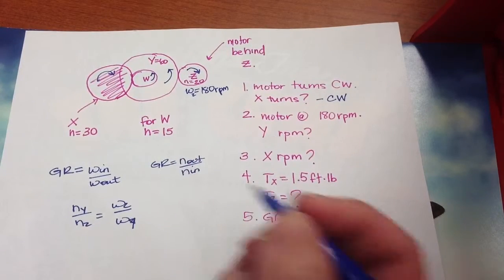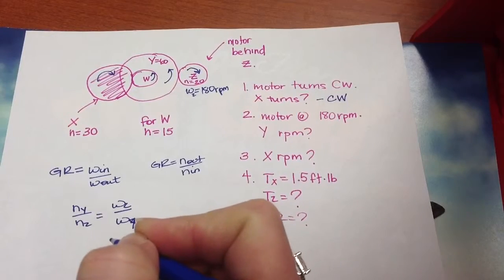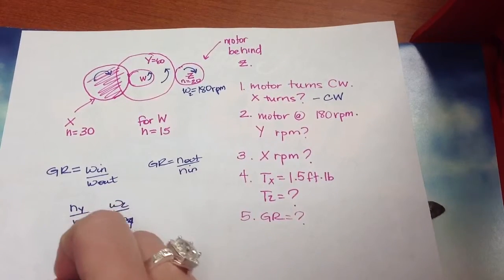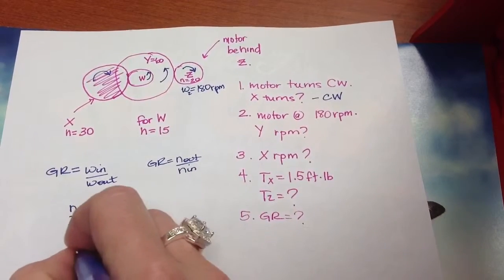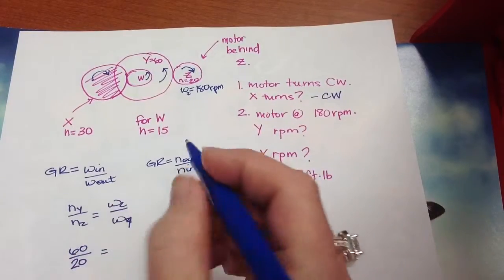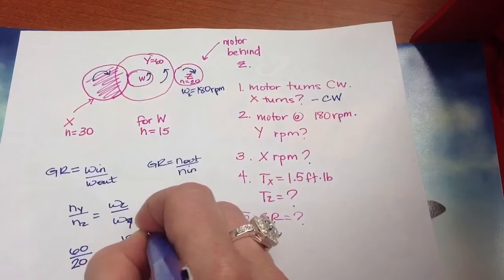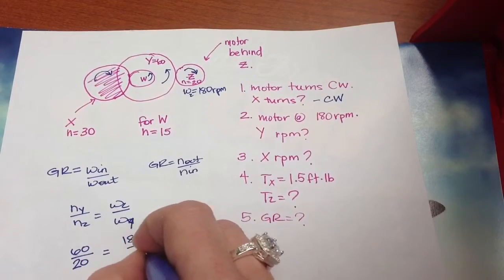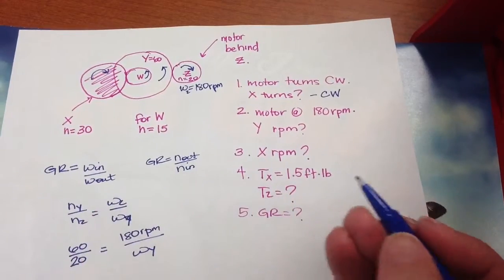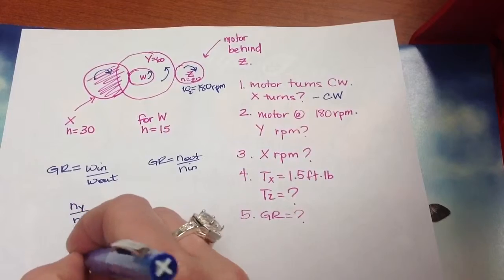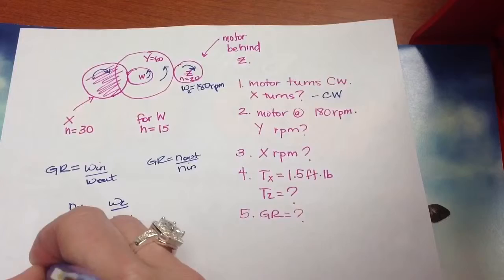And so when we do that, we end up getting Z 20 over 60 is equal to 180 RPM over that. So let's see, those cancel. That becomes 3 over 1.